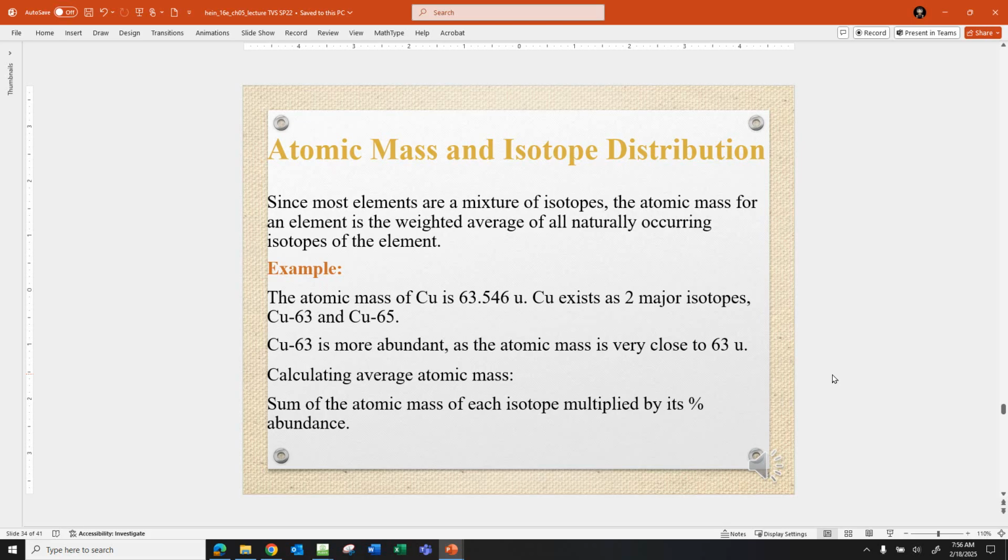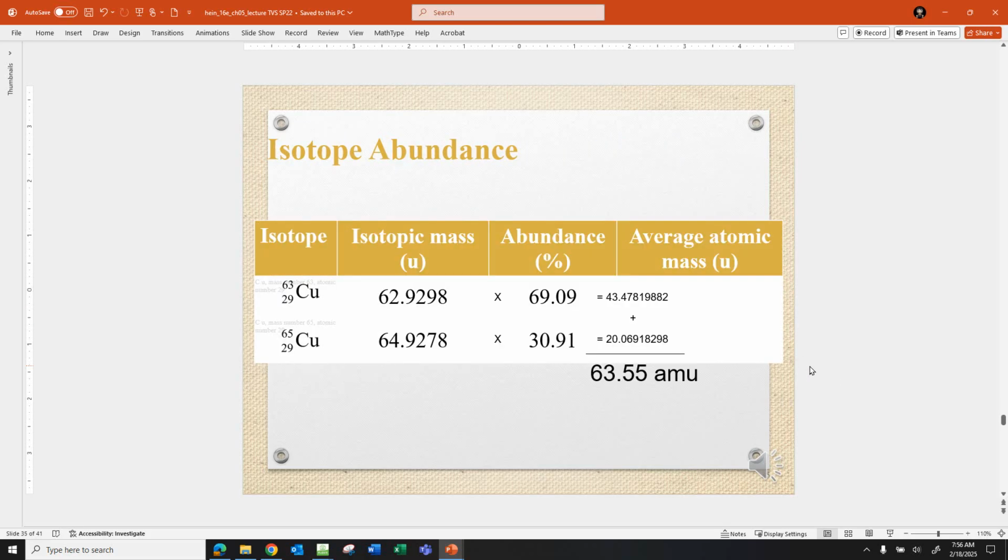It depends on the percent abundance of each individual isotope. Here's an example. We have copper-63 and copper-65. We have the isotopic mass. The isotopic mass doesn't match the mass number, so you can't just assume that.